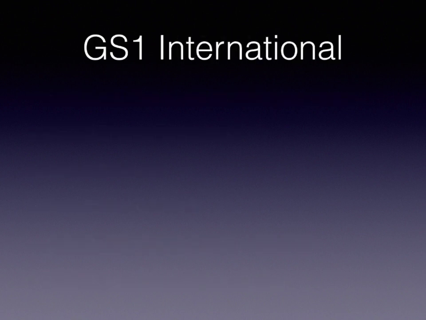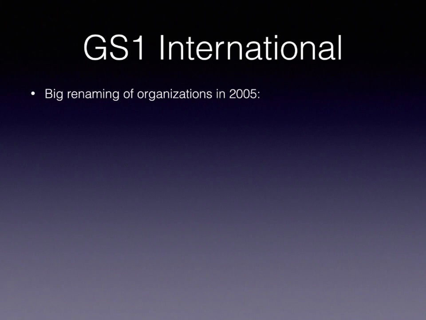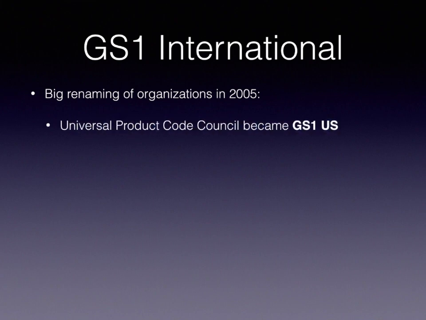So briefly about GS1 International, there was a big renaming of the organizations involved with the GTIN that happened in 2005. Originally, there was just one organization, the Universal Product Code Council, which basically created the UPC, and that was renamed to GS1 US in 2005.